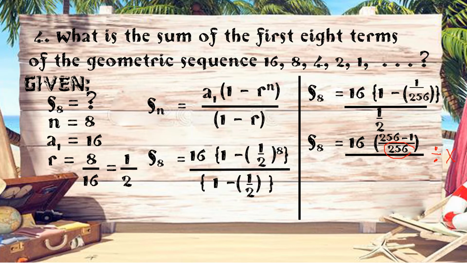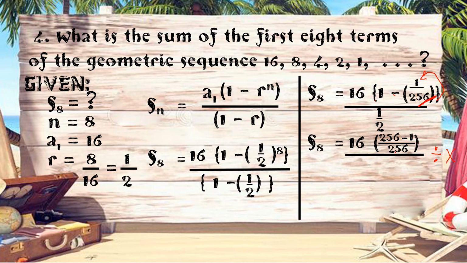Divide natin yung 256 by the invisible 1, itong denominator. So again, 256 divided by 1 is 256. And then times, yung nasa taas, 1 is 256 pa rin. And then 256 divided by, ito naman, 256 is 1 times negative 1. Negative kasi yun eh. Is negative 1. Ayun. All over 1/2.